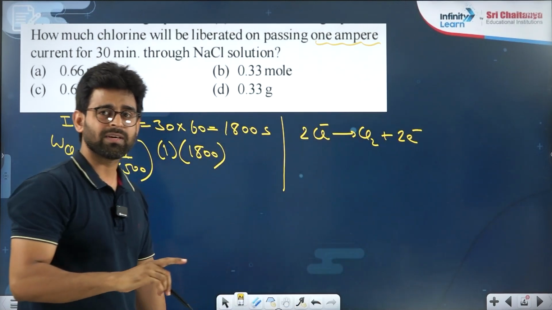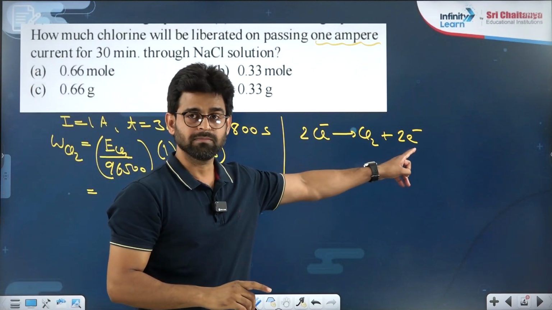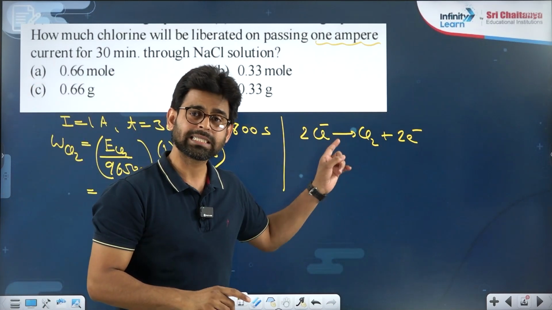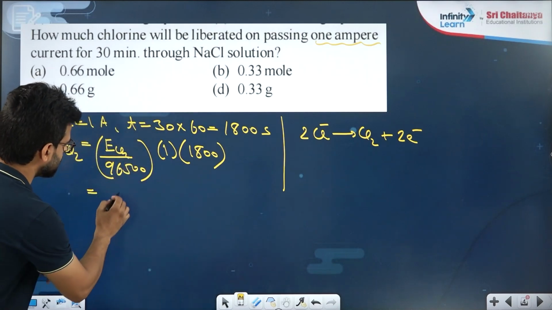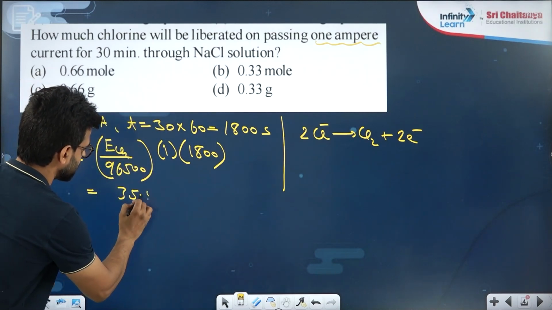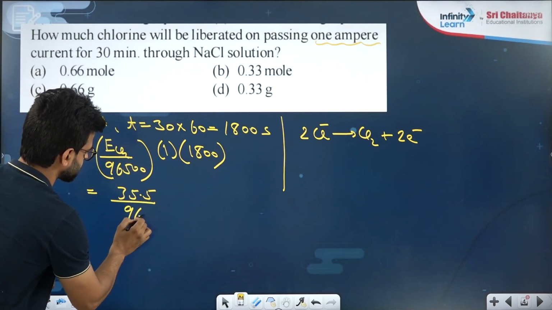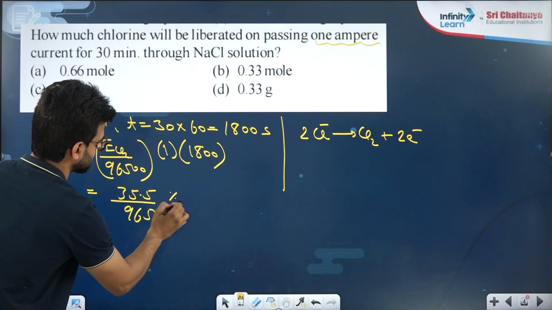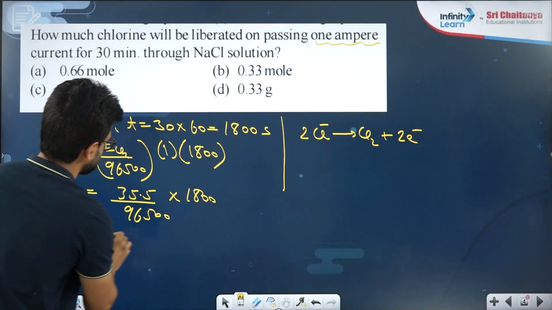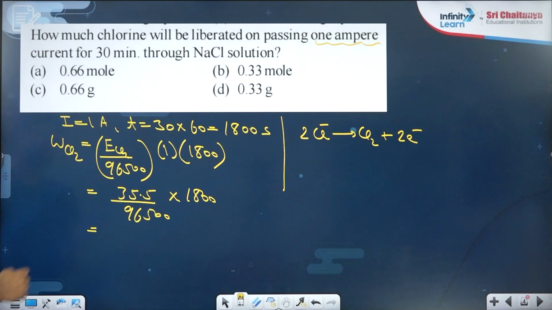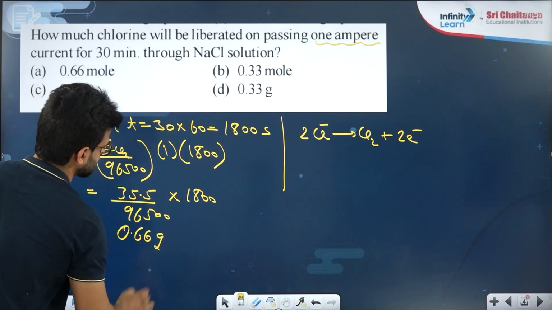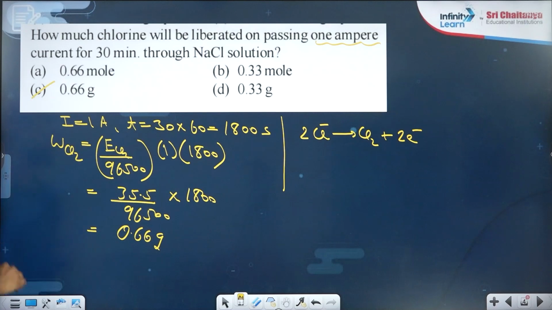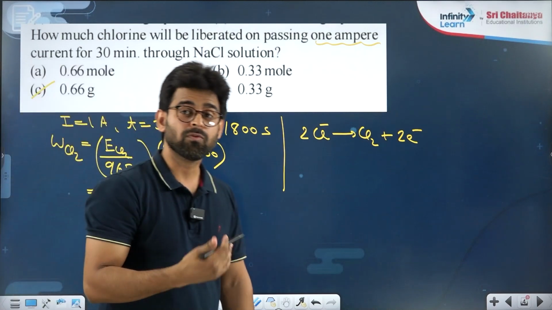So for Cl2, n factor is 2, that's why its equivalent weight is 35.5. So put the value here: 35.5 divided by 96500 into 1800, right?